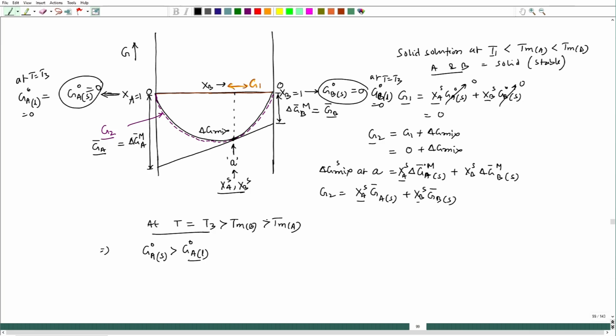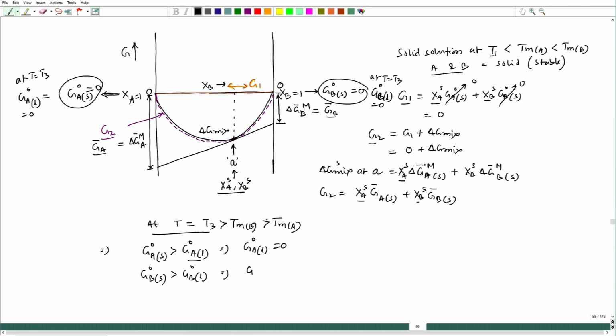Liquid A would be stable at T3, since it is above the melting point of A. So at that time I can consider G A naught liquid to be 0, and for B still it will be.